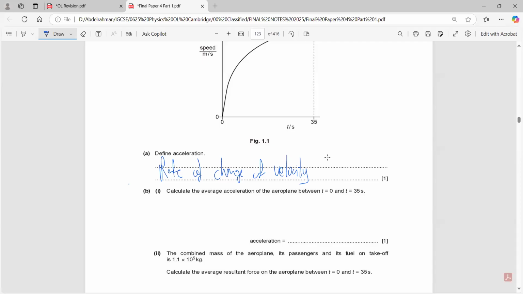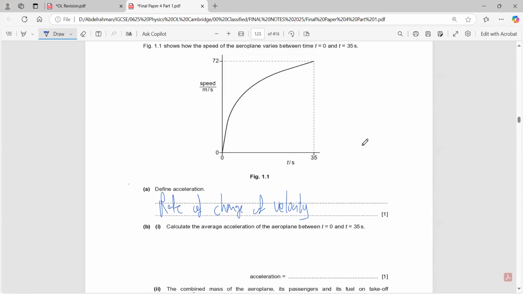Acceleration is what we said, average acceleration. But mister, you said that acceleration is the slope, right? Yes, it is the slope. But for this question, when he asks you to find the average acceleration, all you need to do is find the total speed over the total time, and that's it.